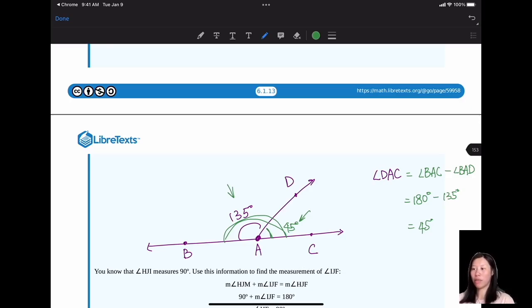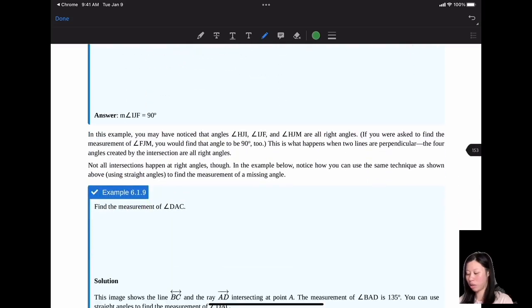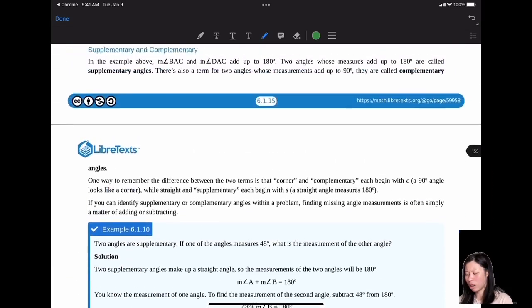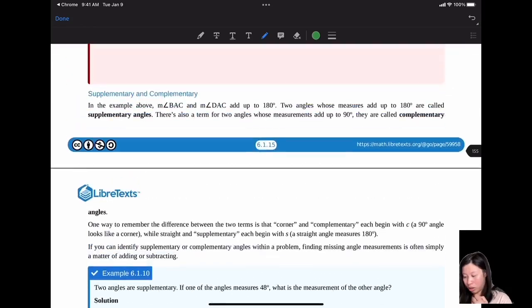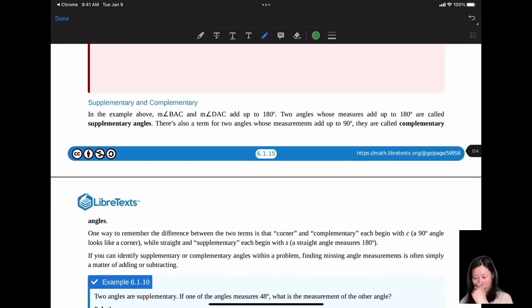Okay, so the next part I want to talk about is supplementary and complementary angles. By definition, two angles whose measures add up to 180 degrees are called supplementary angles. And two angles whose measures sum to 90 degrees are called complementary angles.